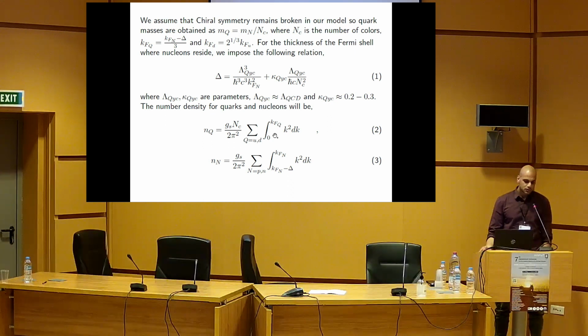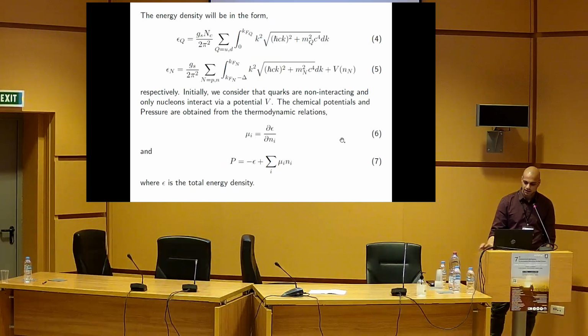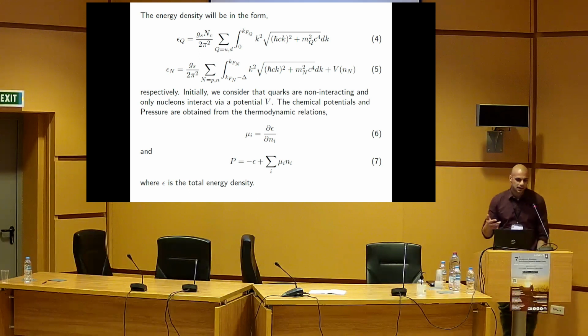Now we compute the baryon density, the number density of quarks. We can see that we integrate over the momentum space up to a Fermi momentum, starting from momentum 0. There is the Fermi sea in the momentum space, and nucleons reside in the Fermi cell with a width which is delta. After that, we compute the energy density.